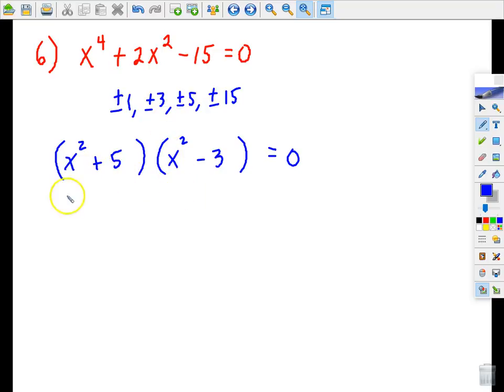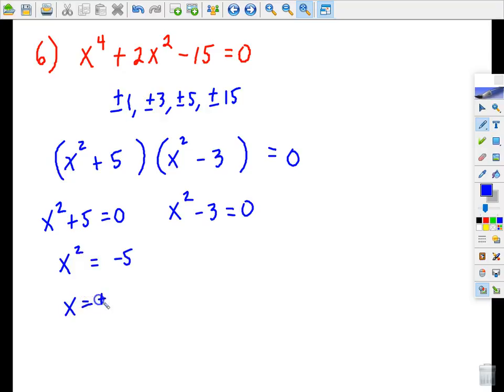Okay. Now to solve, you just think of each of these factors equaling 0 and solve them individually. Okay, so over here we get x squared equals negative 5, so x will be plus minus i square root of 5. Over here we get x squared equals positive 3, so x is going to be plus minus the square root of 3.